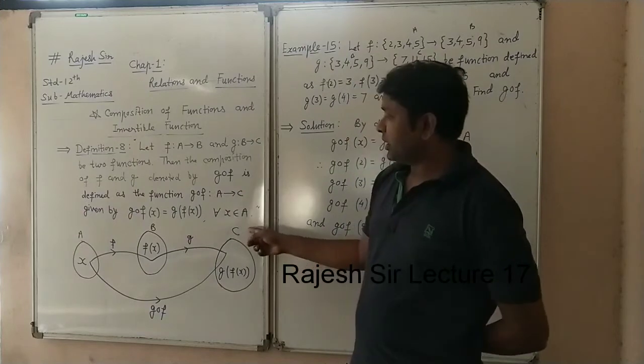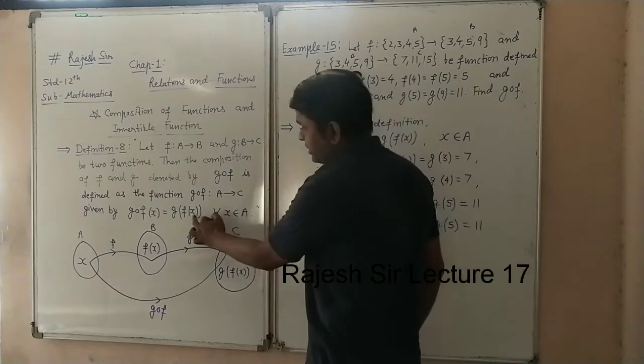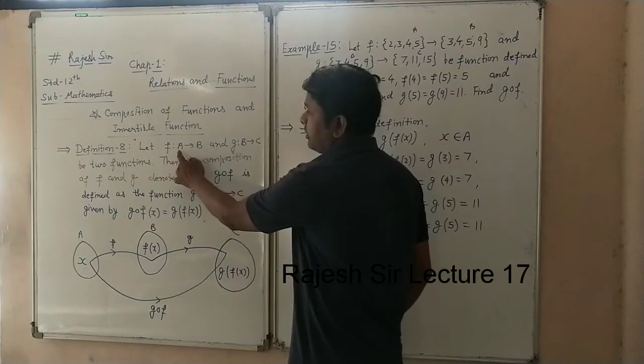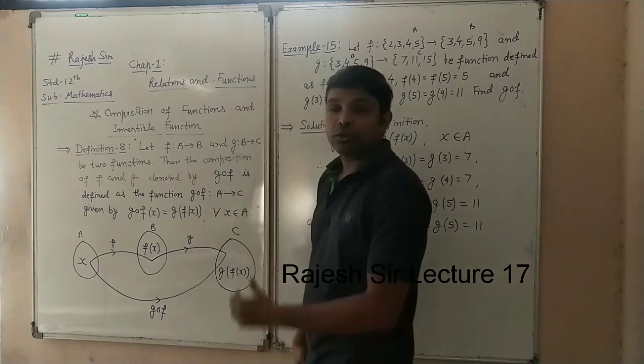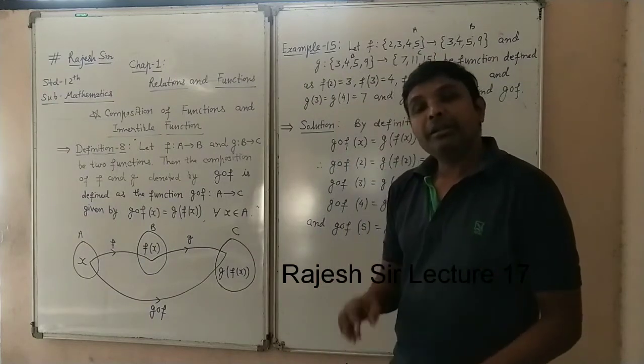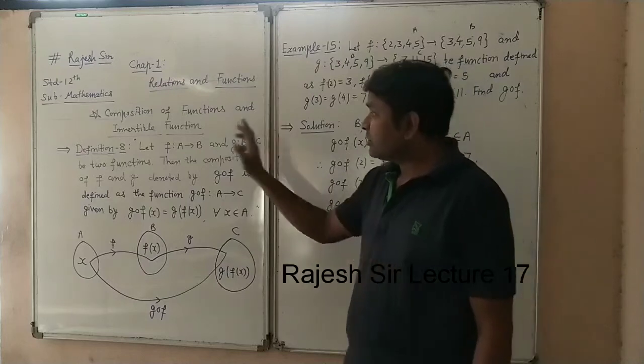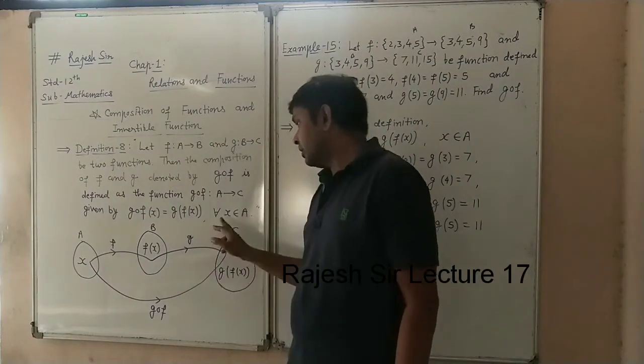Every x belongs to A, meaning every element x will be from A, and A is the domain of f that we have to take. For gof we have to take the domain as the domain of f.